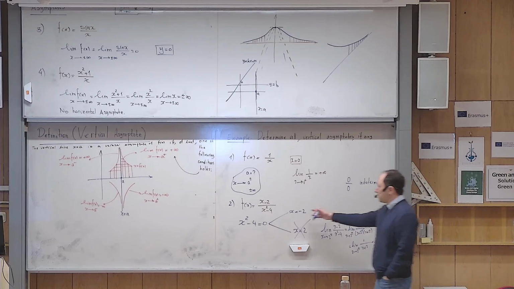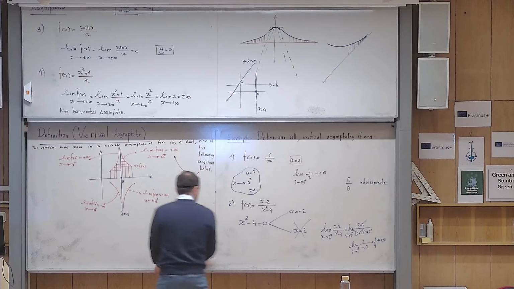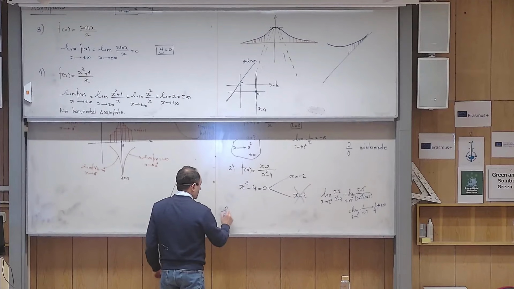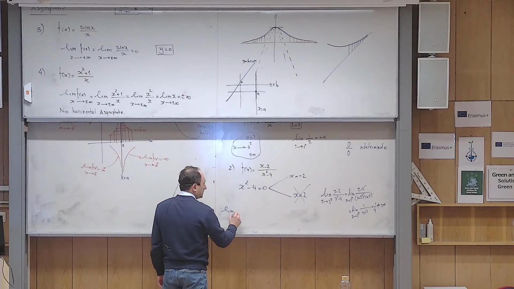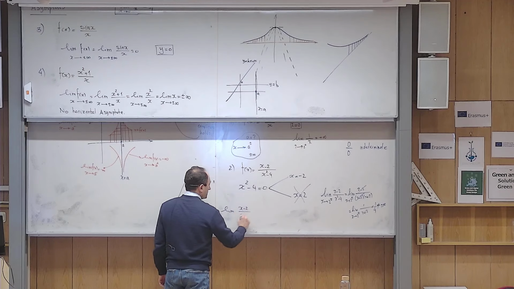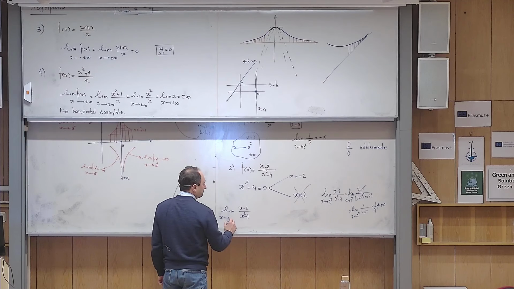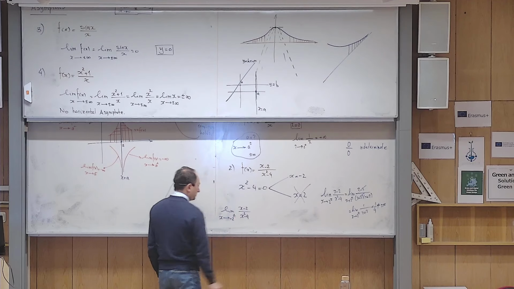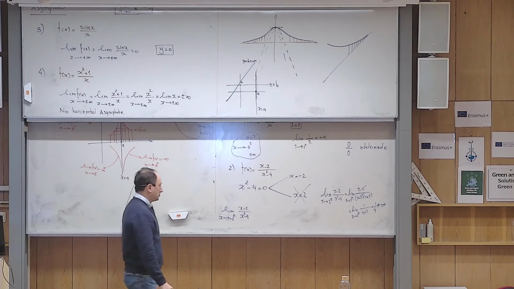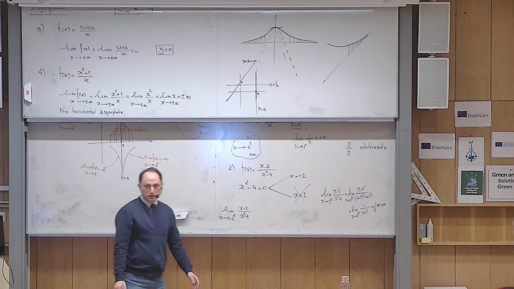But x equals minus 2 is a vertical asymptote because that's not hard to check. I calculate the limit of my function, x over x squared minus 4, but then I send x to what? Minus 2 from left or right. But here I don't need to factorize. Yes?